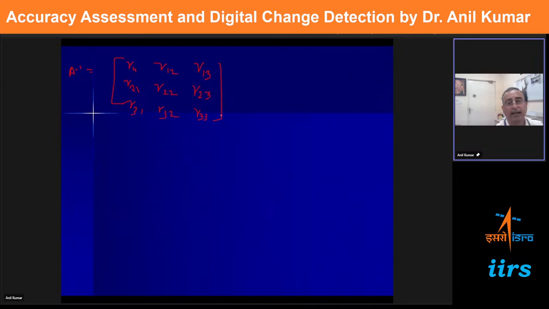So how to get this element, since it is coming 3 into 3, here n is equal to 3.